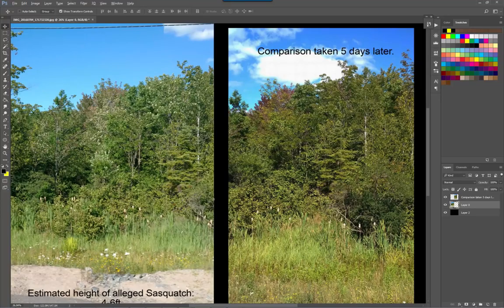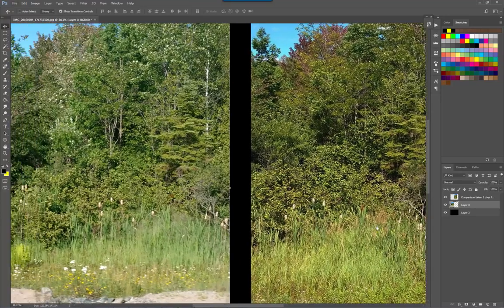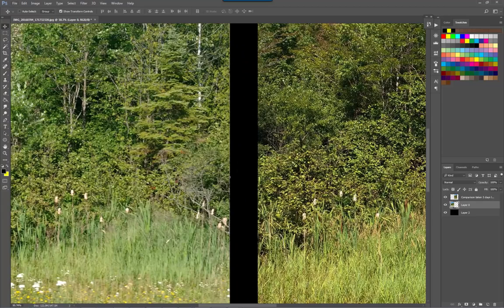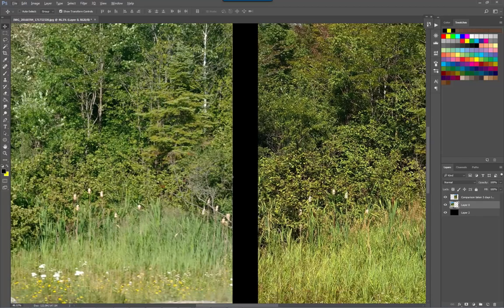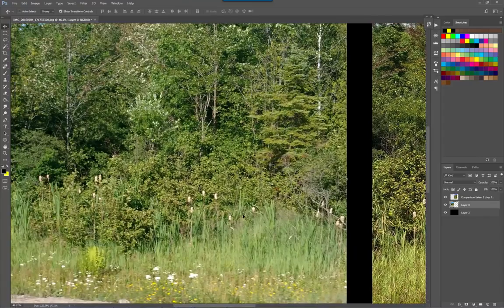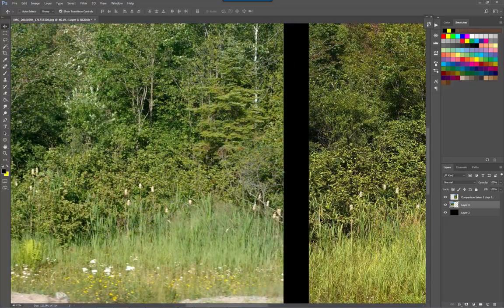Judging by these white objects here, the camera, the comparison is taken slightly too far to the right. So the original here would be more to the left. Maybe not 100% proof, but still it's something.